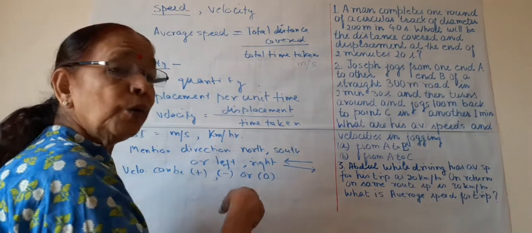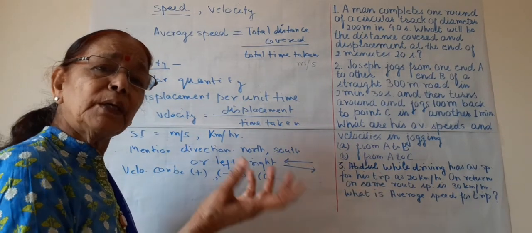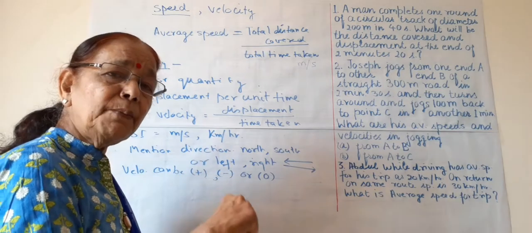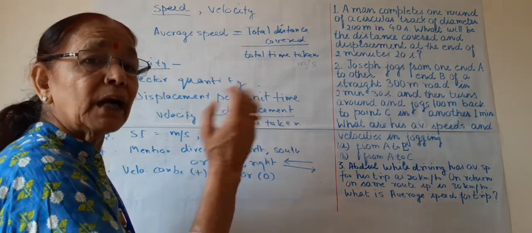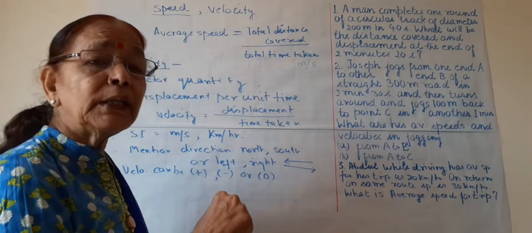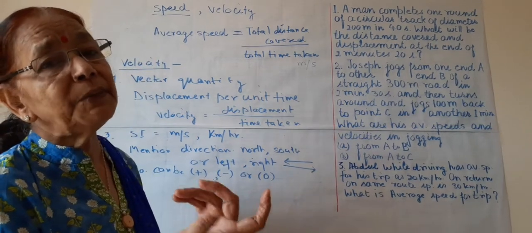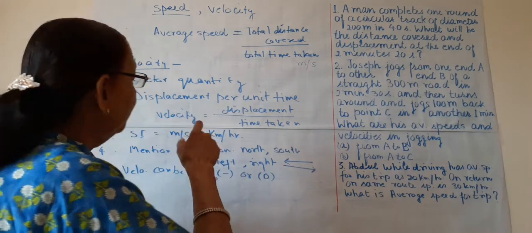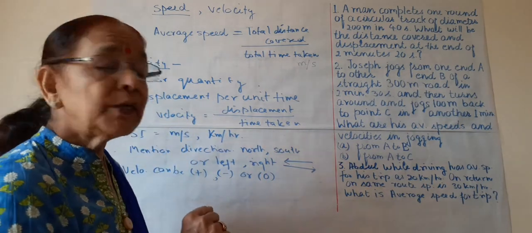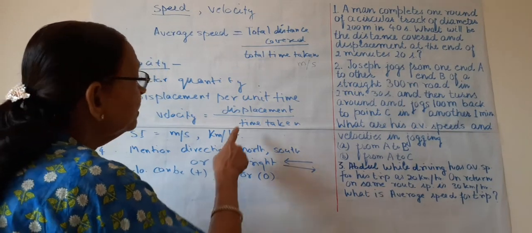When it is zero, the initial and final position coincide, on the same point. The body which is traveling comes back to the same point or the initial point. So the difference between initial and final point will be zero, displacement will be zero, and velocity will be zero. How is it negative?